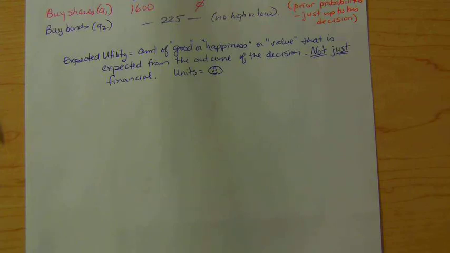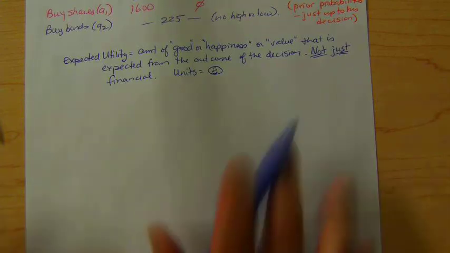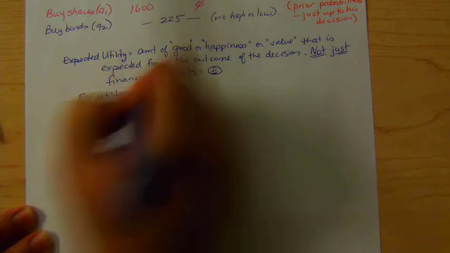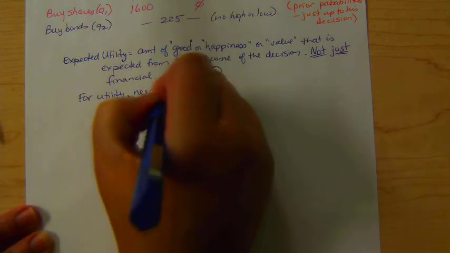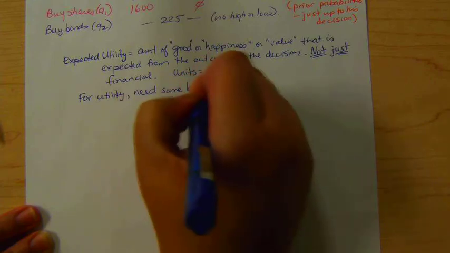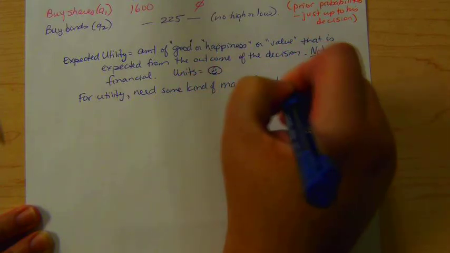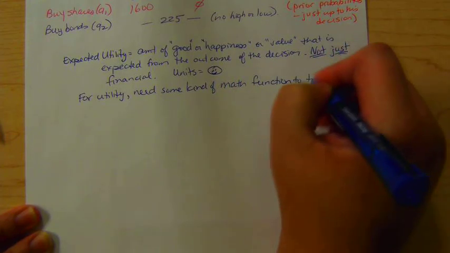No, it's other factors again. We're human, lots of other factors like emotions. So, for utility, we need some kind of function to translate it from dollars.